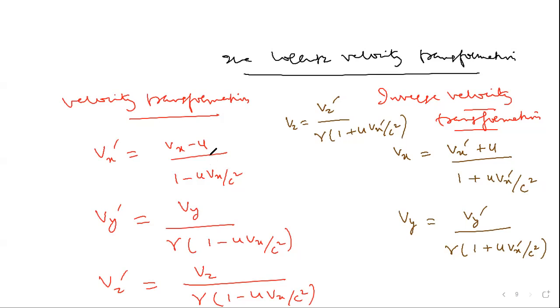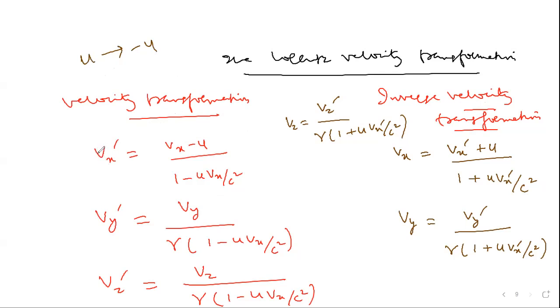I've already discussed in the case of Lorentz coordinate transformation equations how to obtain the inverse transformation from the simple transformation. You can obtain the inverse transformation from these transformations. We replace u by minus u and we exchange the primed coordinates with the unprimed coordinates.